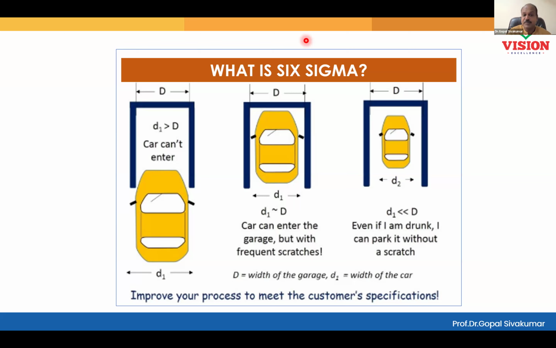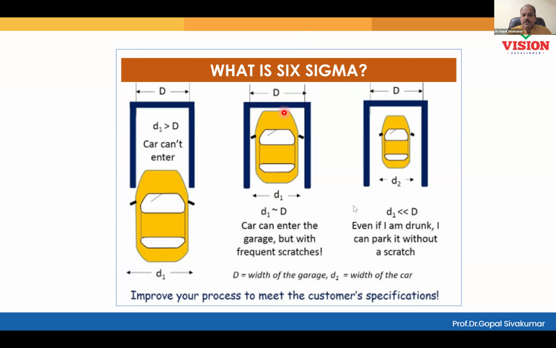Similarly, when you design a process, can you design it in a way that the process is smaller compared to the tolerance given by the customer? Yes or no? If the spread of the process is smaller compared to the tolerance given by the customer, it will help you to achieve long-term success. All right.